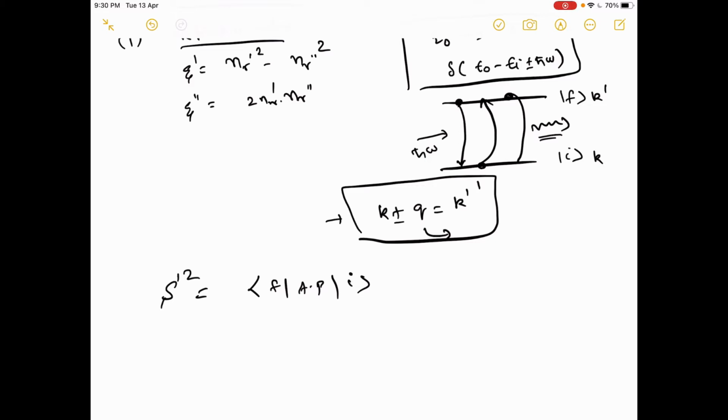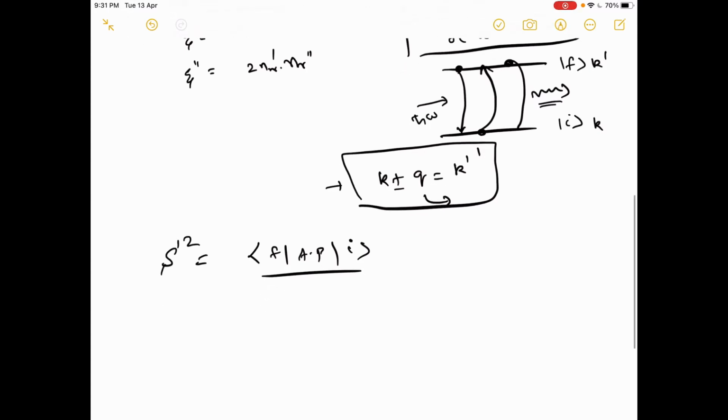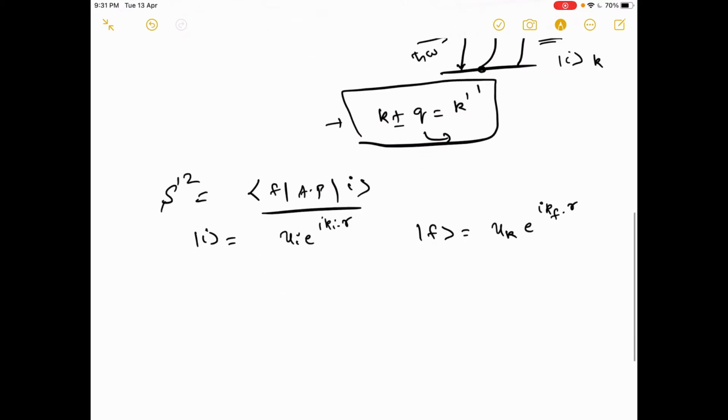So basically it is an overlap integral between the initial and the final state. We can take the initial and final states to be Bloch states. So let's take the initial state to be ui e power i ki dot r. The final state we take as uf e power i kf dot r, not uk, sorry, it has to be uf, final.